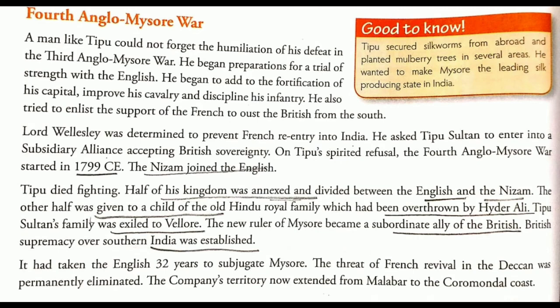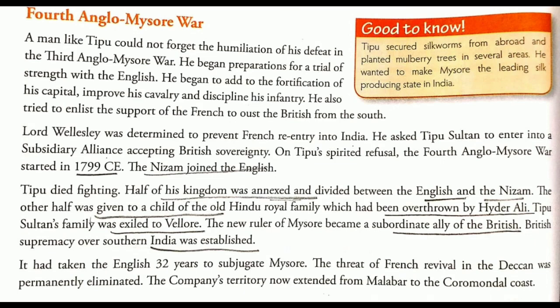So, what is the result here? During this war, Tipu died. Half of his kingdom was annexed and divided between the English and the Nizam. So whatever was left with Tipu was also annexed and divided between the Nizam and the English. The other half was given to a child of the old Hindu royal family, which had been overthrown by Hyder Ali. Hyder Ali, the father of Tipu Sultan, had also come to power by removing the Hindu ruler.